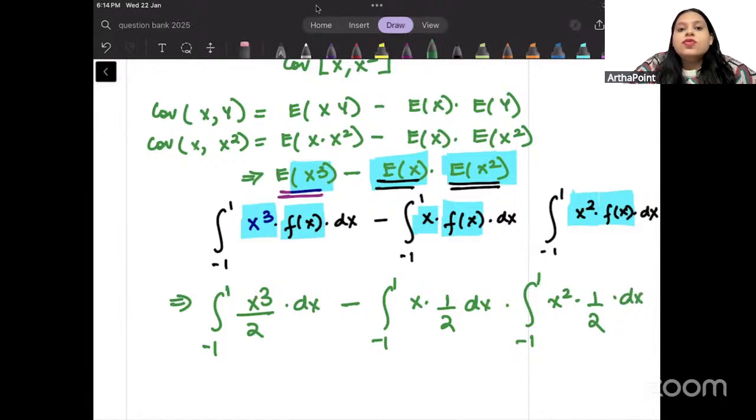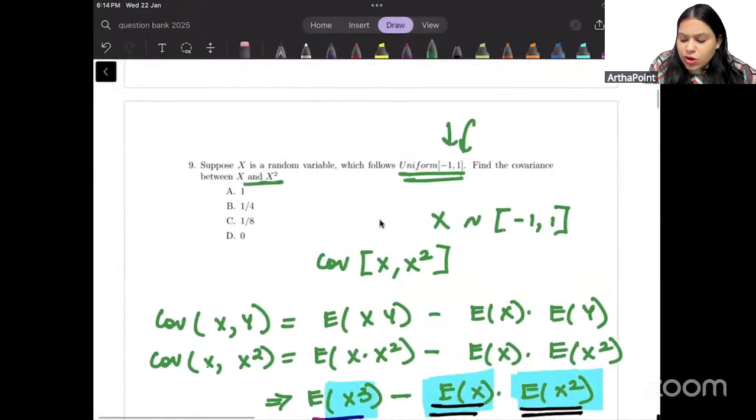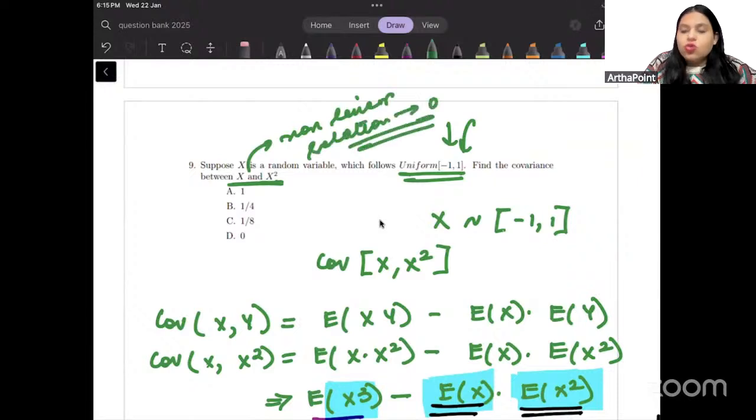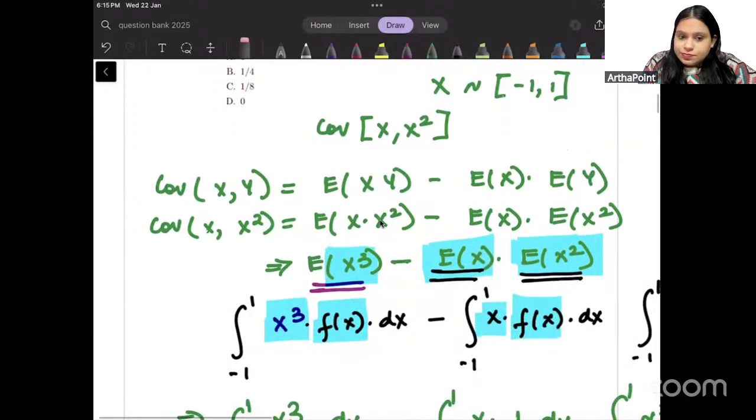So even if you don't know how to solve, अगर ये hit नहीं हो रहा कि one of them is, I'm trying to find a non-linear relationship and the non-linear relationship will give me covariance as 0. Suppose ये hit नहीं होता, then you can go ahead and you can use this formula also.